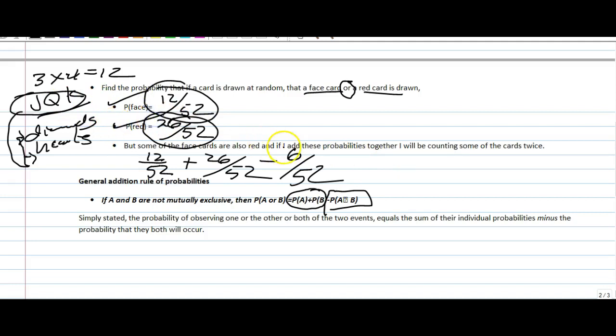So I need to subtract from the sum the outcomes that they have in common. So that would be equal to 26 plus 12 minus 6 is 32 over 52, which is approximately equal to 0.615. So if the events are not truly mutually exclusive, after you find the sum of their separate probabilities, you have to subtract the outcomes that they have in common.